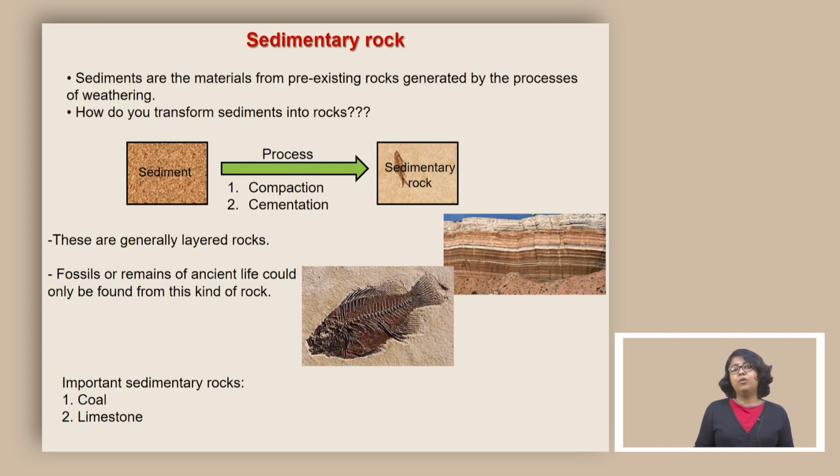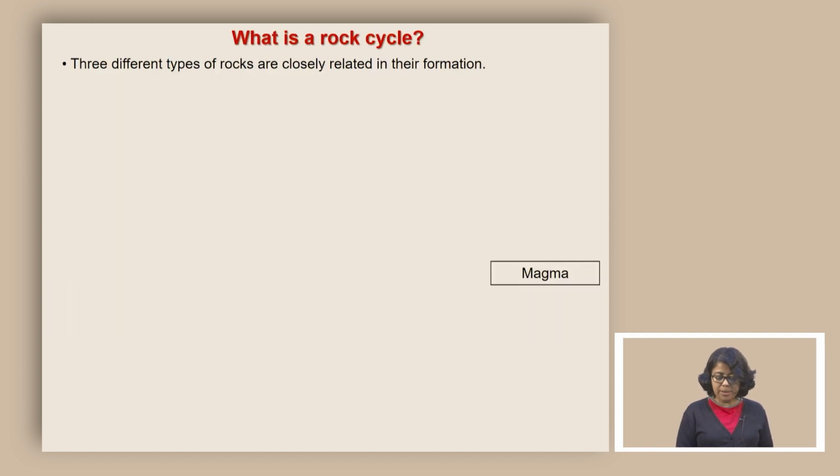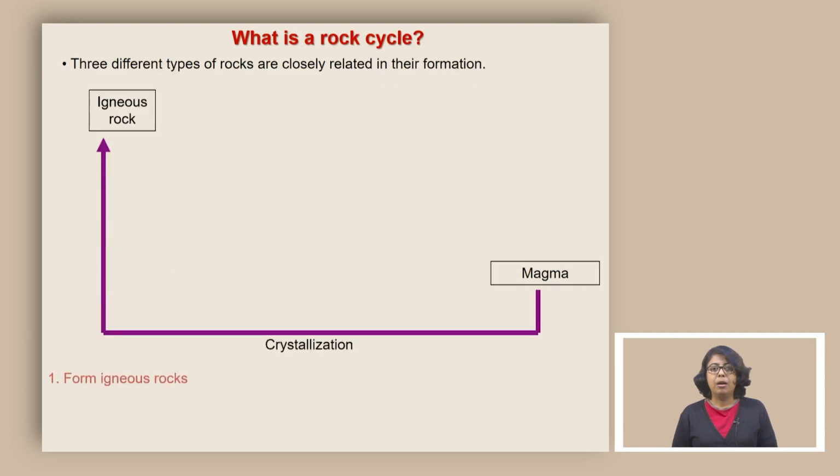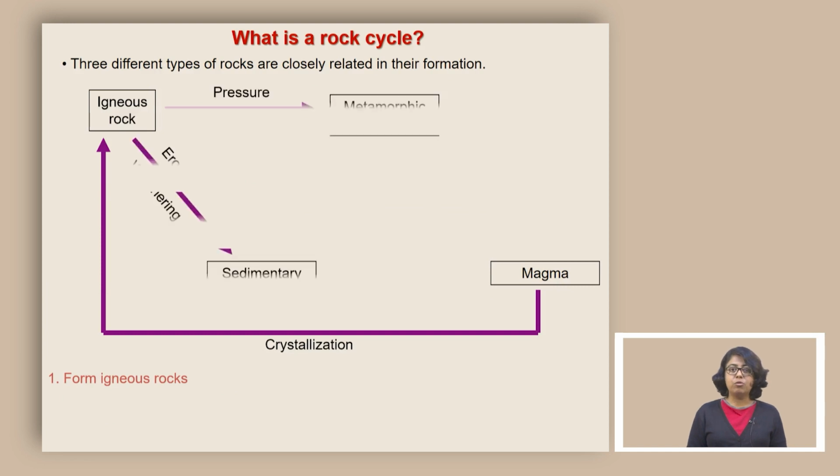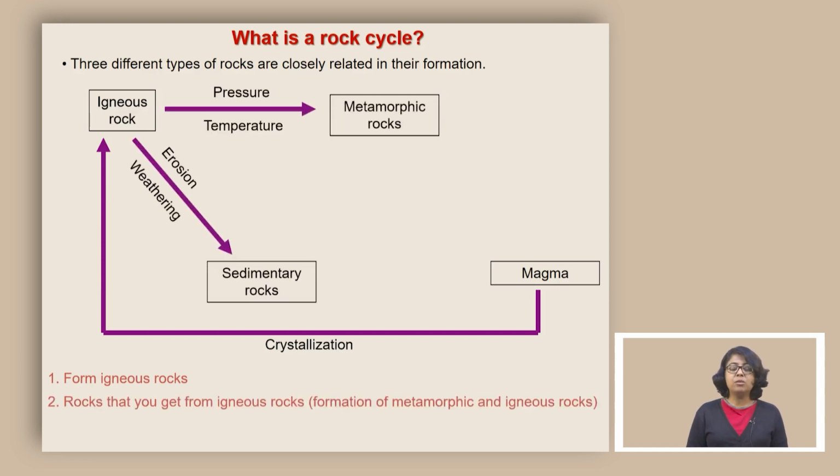Now, if we look at all these three rocks and how they interact, we will see a quite complicated diagram. It will all start at some level from the magma. From the magma, through crystallization, it will develop igneous rocks. From igneous rocks, through pressure and temperature, it can produce metamorphic rocks.